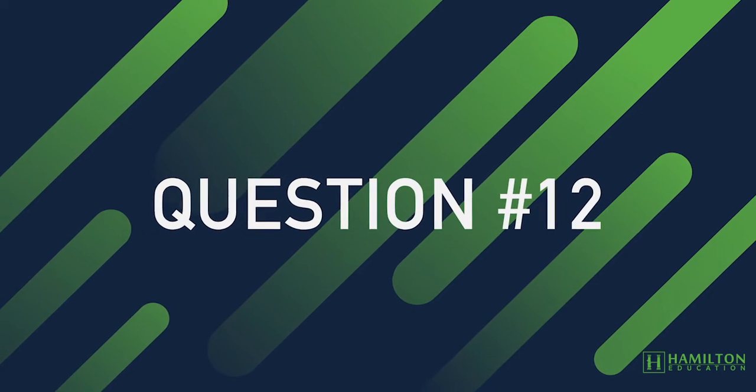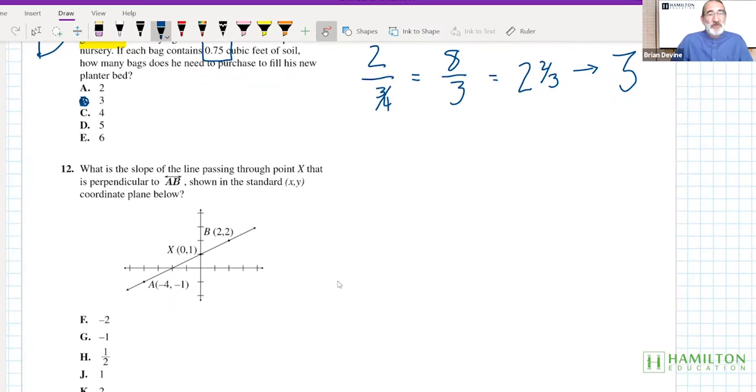For number 12, what is the slope of the line passing through point X that's perpendicular to AB? Well, what's the slope of AB? I got 2 points, so the slope of AB, we'll call it that, has to be 2 minus 1 over 2 minus 0, change in y over change in x, which is 1/2.